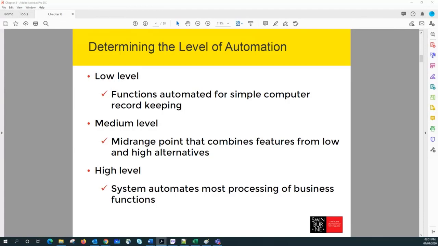It is usually more difficult for a business analyst to define high-end automation than low-end automation, because low-end automation is basically the automated version of the current manual process. That is very easy. We are just computerizing or automating what the user is doing at the moment.